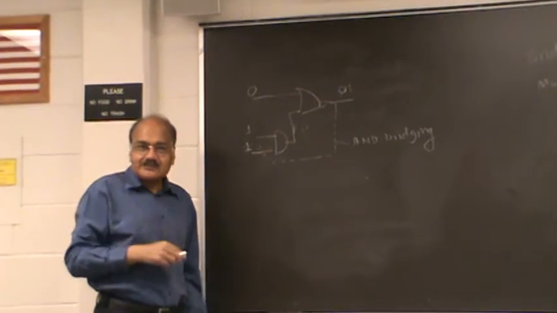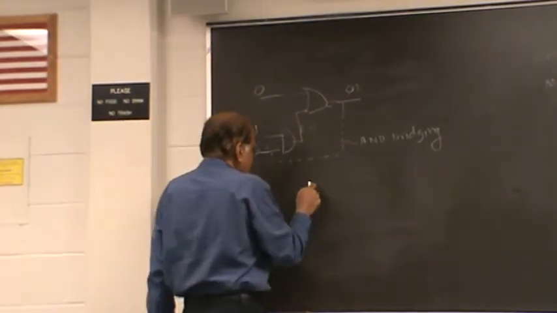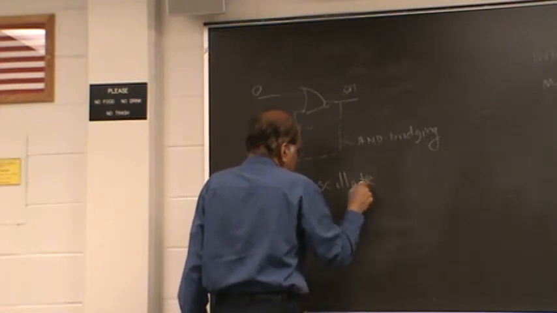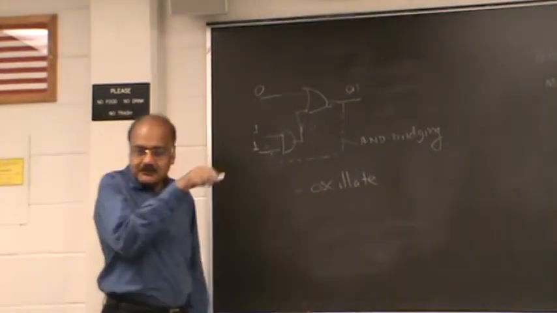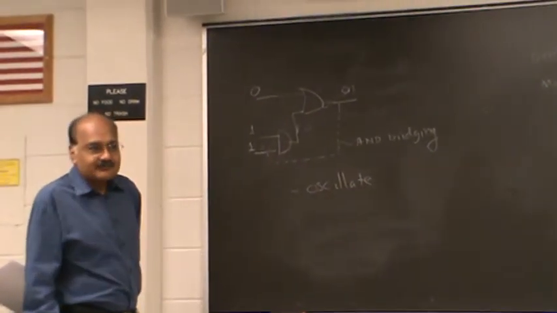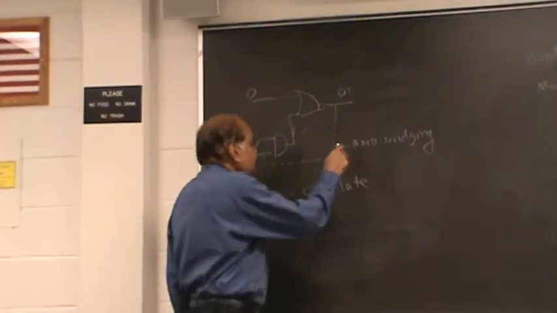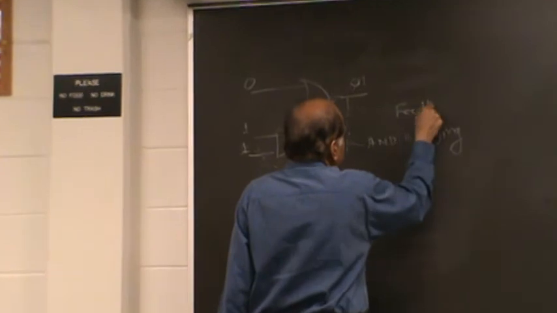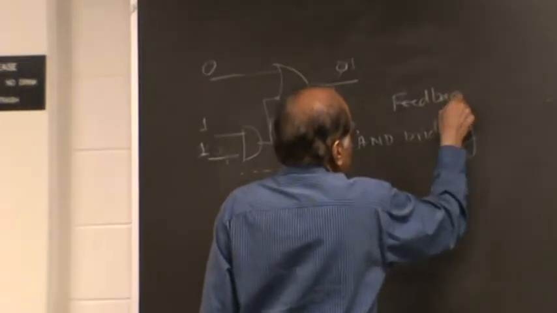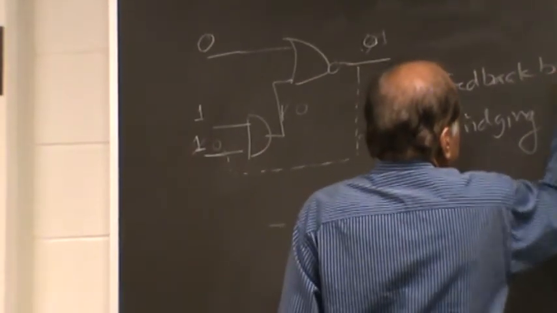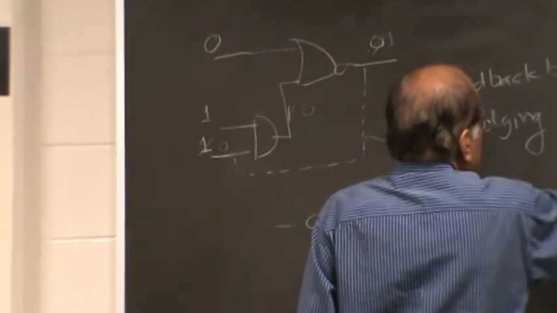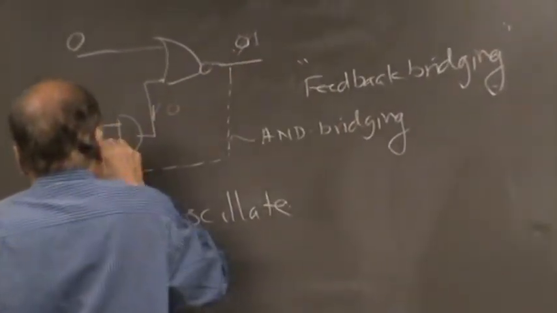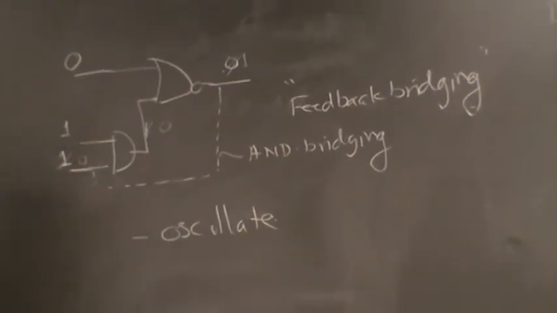So there are two possibilities. It might oscillate. Basically, changes may go around. Notice that this is an example of feedback bridging, where an output is connected to an input.